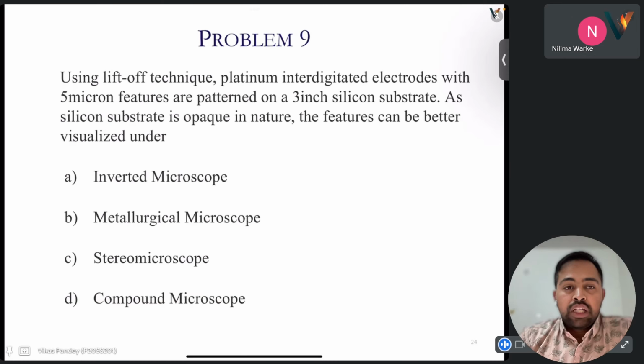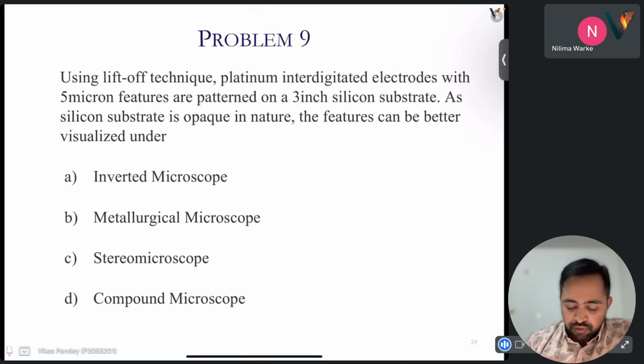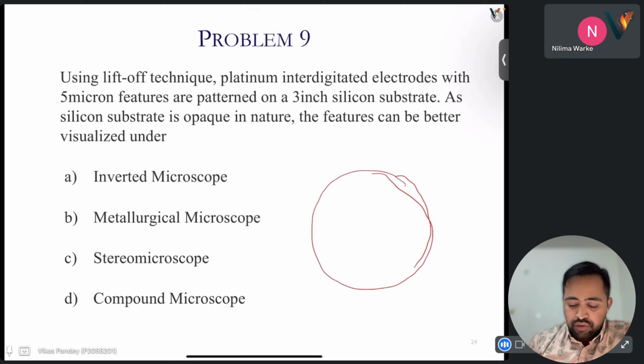Okay. Using lift-off technique, platinum interdigitated electrodes with 5 micron features are patterned on a 3-inch silicon substrate. Okay, so we have a substrate of 3-inch, and we have patterned IDE on it, and the feature size, like the smallest size that is there, is 5 micrometer.